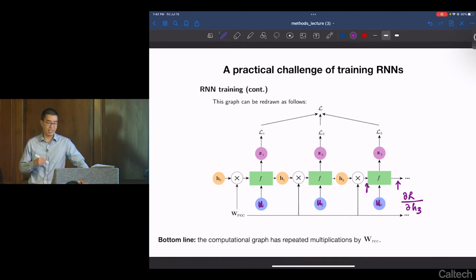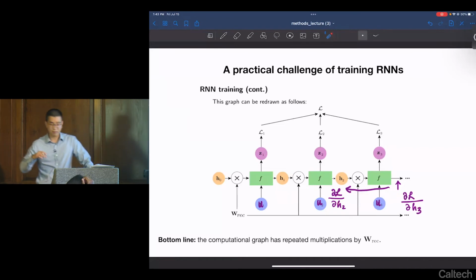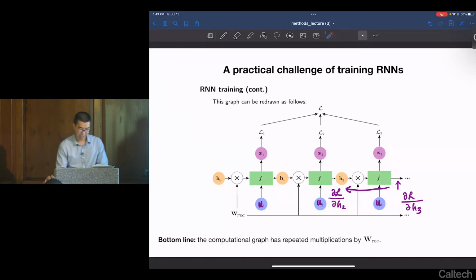To backpropagate, even though this is now a feed-forward network, when I backpropagate through this multiplication sign to get dL/dH2, I have to multiply the gradient by what's on the other wire. And what's on the other wire is W_rec. So dL/dH2 is going to be dL/dH3 multiplied by W_rec.